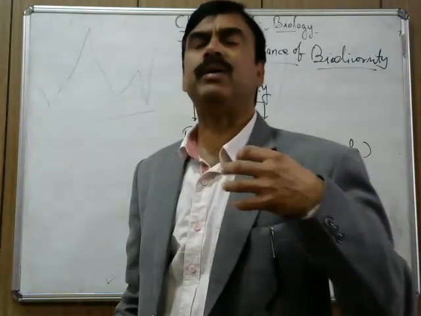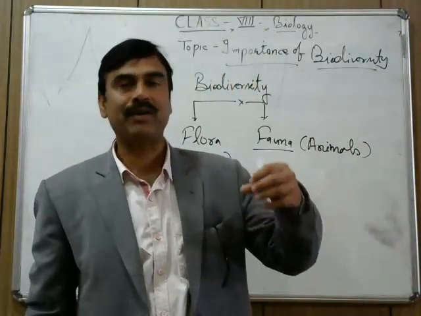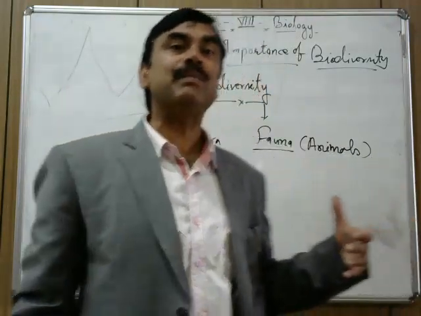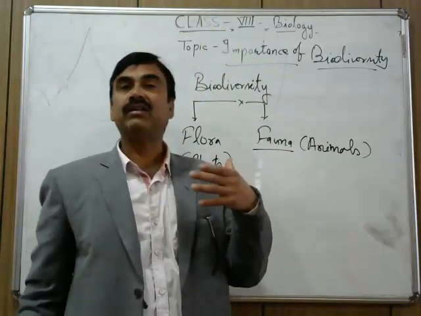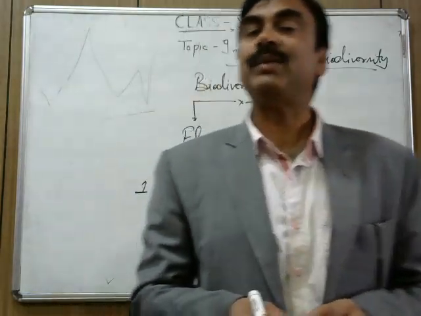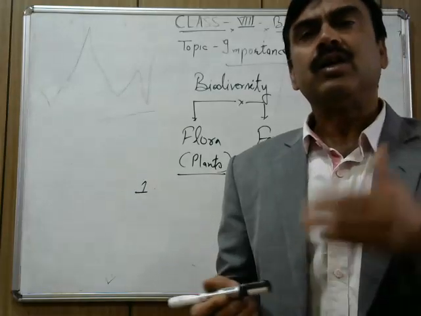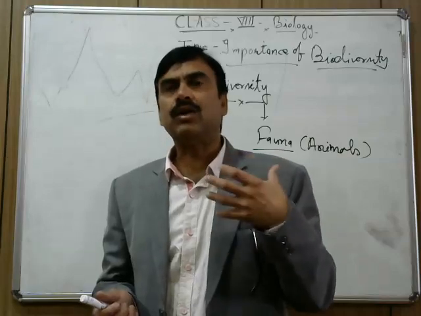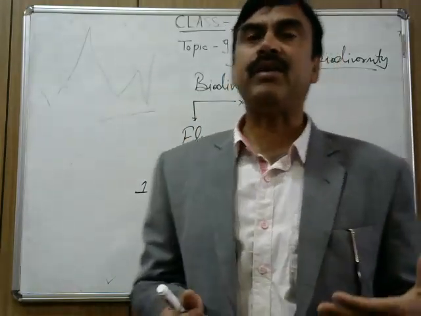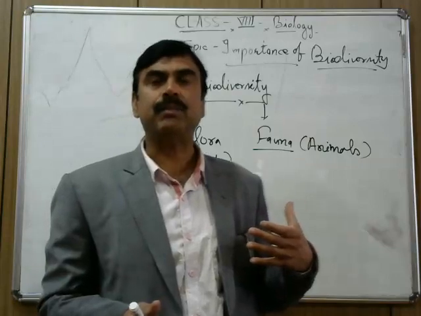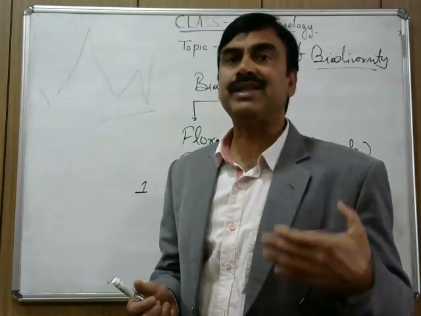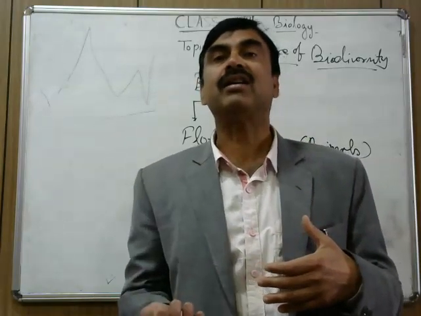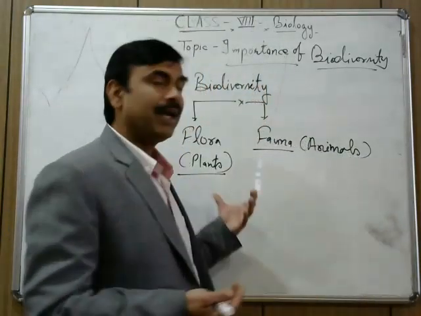You have heard about penicillin, which is prepared from one special fungus called Penicillium notatum. Quinine, the medicine for malaria, is prepared from the bark of the cinchona tree. So many medicines are prepared from plants.